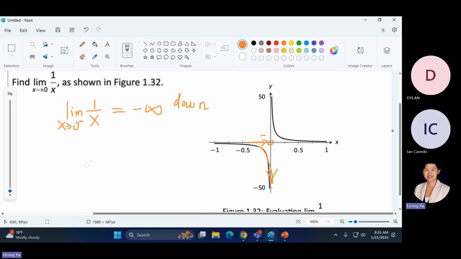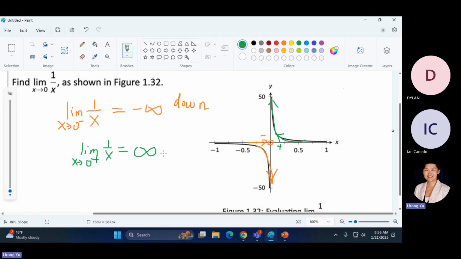On the other hand, the limit of 1 over x when x is approaching 0 from the positive side, meaning we're approaching 0 from the right side. This is the positive side. And you can see where everything is going. So what is the limit value? Positive infinity. So this is a limit involving infinity, and we see the y value going to positive infinity here, but going to negative infinity there.